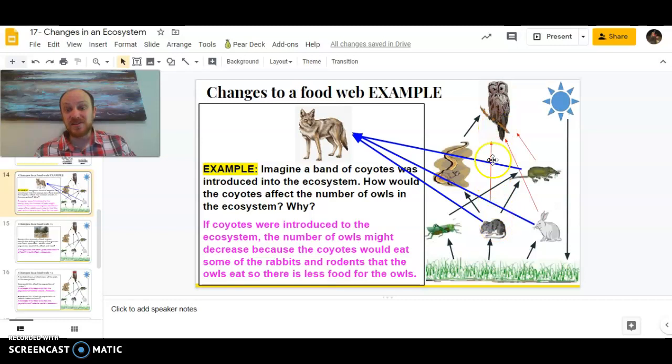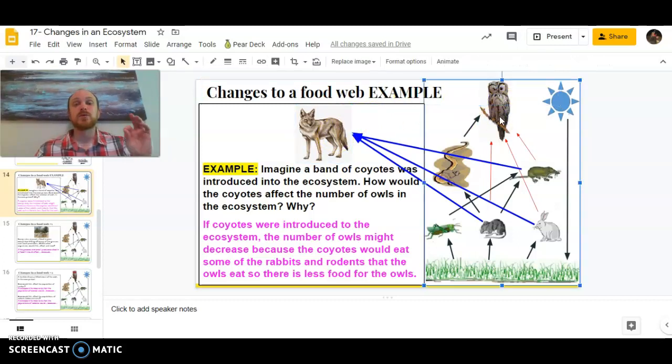And therefore there's less of these. Now these arrows are small, pointing towards the owl. Well, if there's less food available for the owl, there are going to be fewer owls. There's not going to be enough food for everybody. So the coyotes, I think, might affect the owls by making the number of owls decrease.